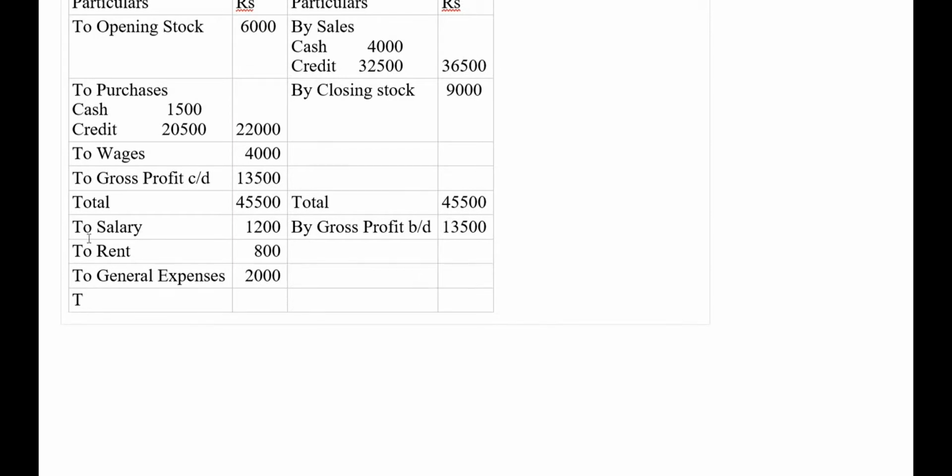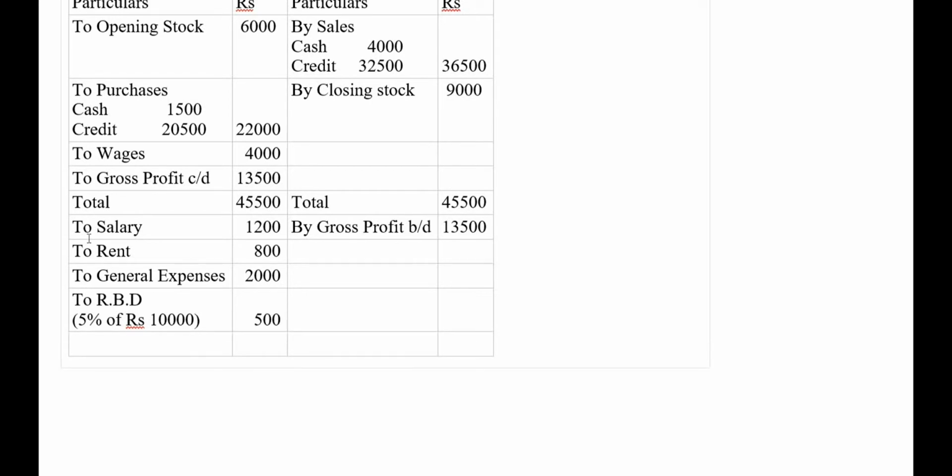Then to RBD, reserve for bad debts, which is given as 5% of rupees closing value of debtors, that is 10,000, which comes to 500.